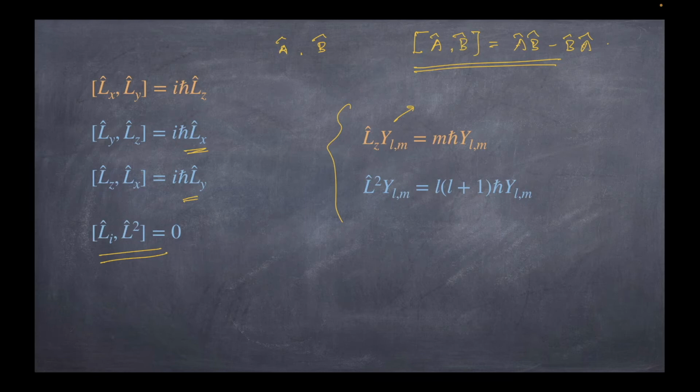If we operate Lz on the spherical harmonics, we get m h bar as the eigenvalue, where m is the magnetic quantum number and h bar is h over 2 pi, where h is the Planck constant. The L square operator is also an eigen operator of the spherical harmonics, because if we operate L square on Ylm, we get l into l plus 1 times h bar square as the eigenvalue.